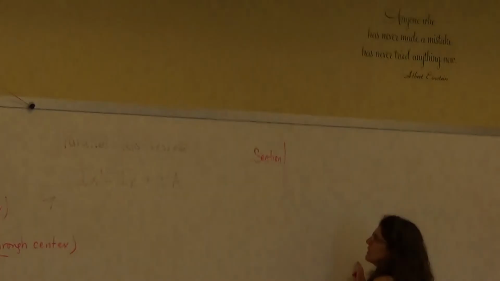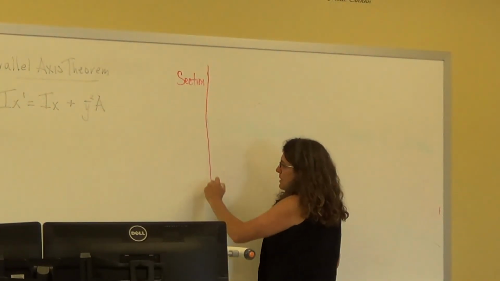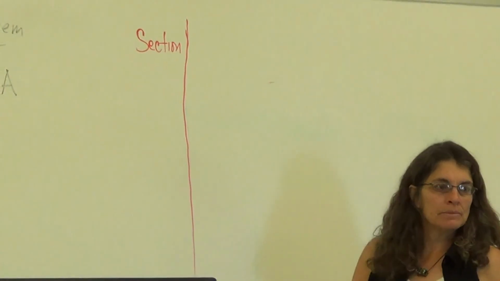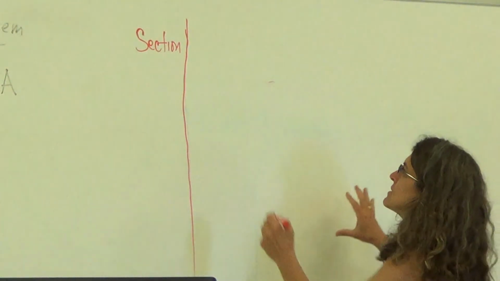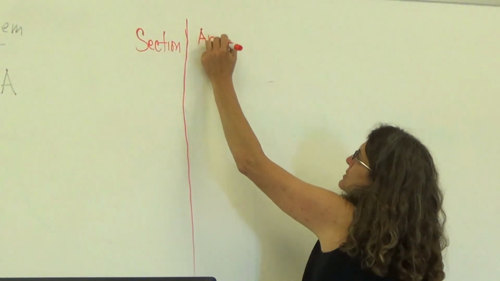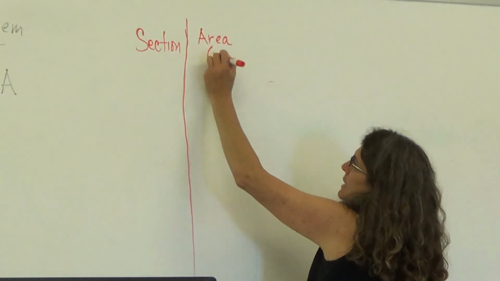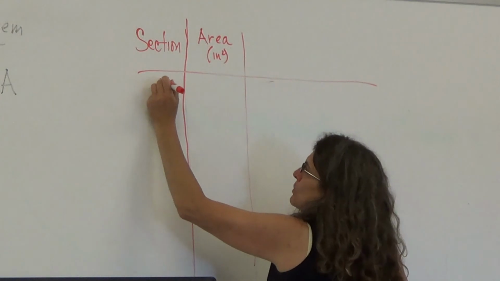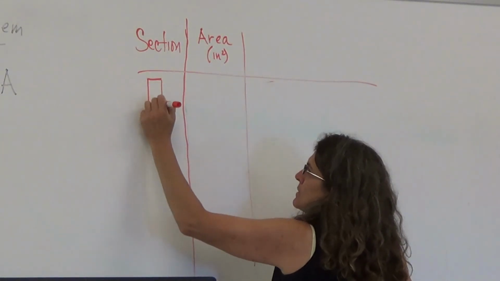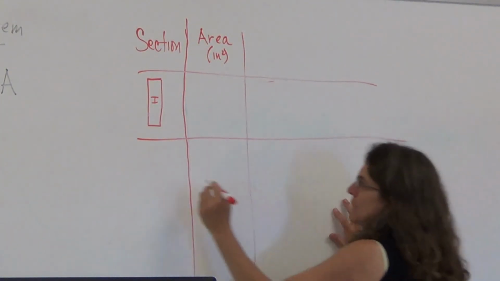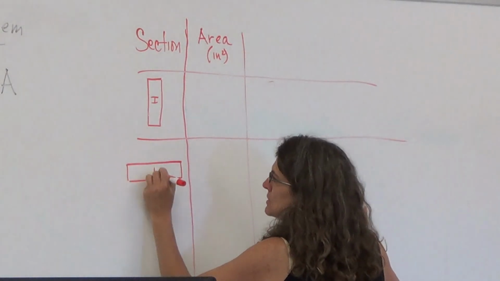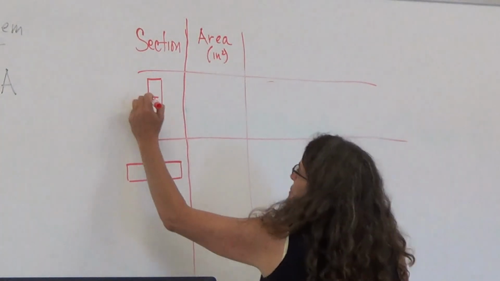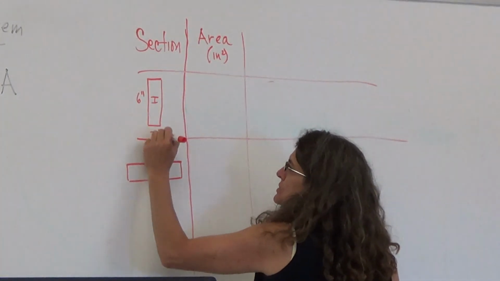So are we trying to find second moment of area or mass? How do you know? They don't give you mass, so the critical component is area. What are the units of area? Inches squared. We have two sections, right? Section 1, which is this one, and section 2, which is like this. Let's write the dimensions so we remember: 6 by 2, this is 6 inches, 2 inches.